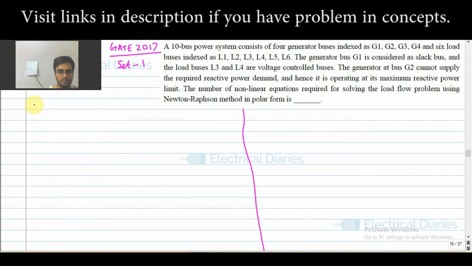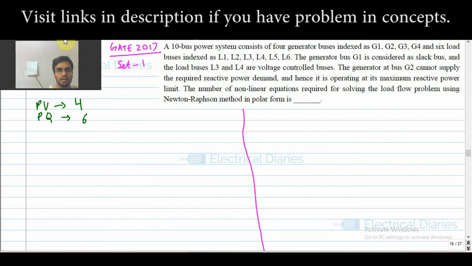Generator buses means that there are 4 PV buses, as of now. And there are 6 load buses. Load buses means PQ, 6 as of now.